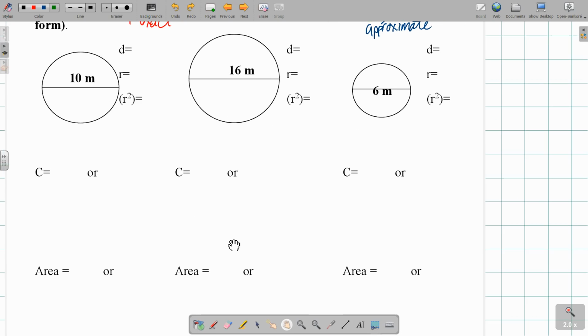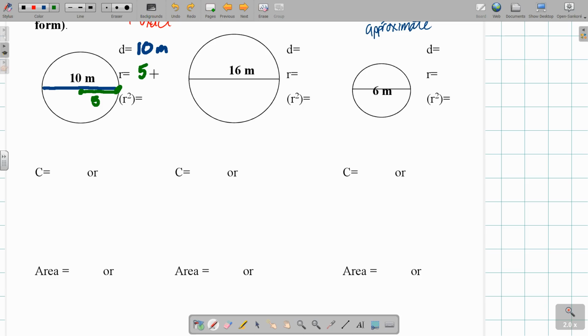Step 1. Physically trace every time. Diameter, trace it. It is 10 meters. Radius, trace it.